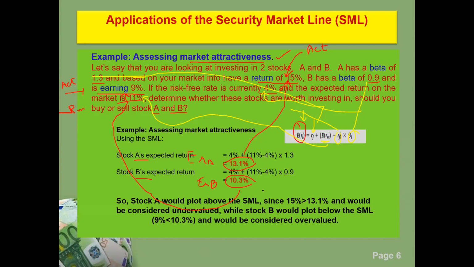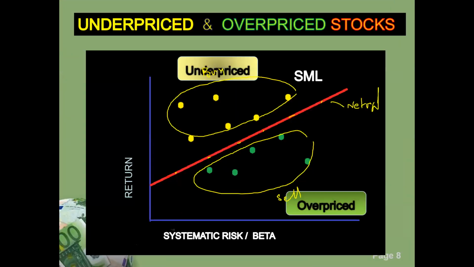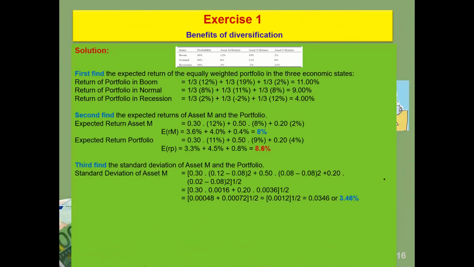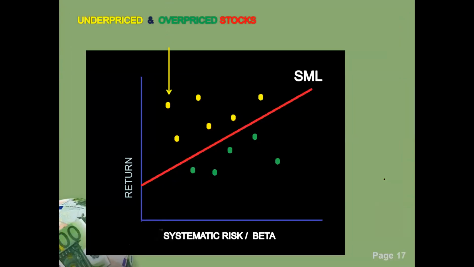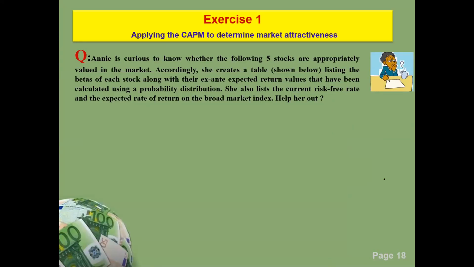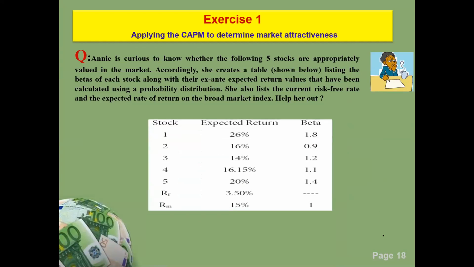Now, if we can move a little forward, I can show you the same type of question, where you will jump in and then we will come back. All the stocks above are underpriced, all the stocks below are overpriced. Let's say these are 5 stocks.